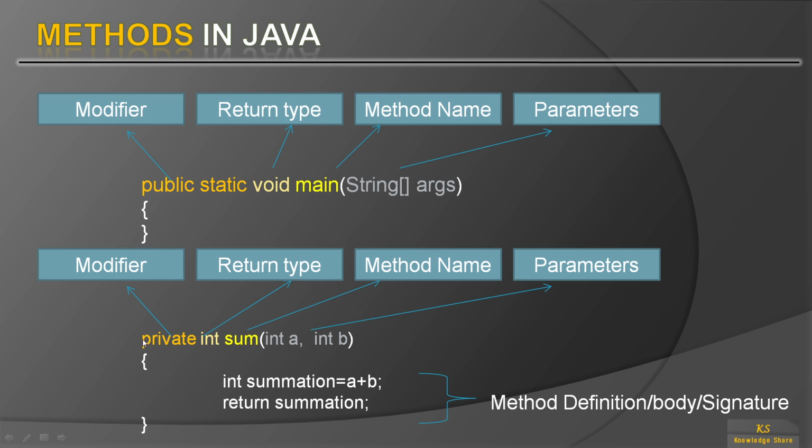For user defined methods which have a return type other than void, this statement is compulsory. You need to give a return statement. Whenever the user calls this method, it will get this value. The summation value is returned to where it is called. We will see that in the example.